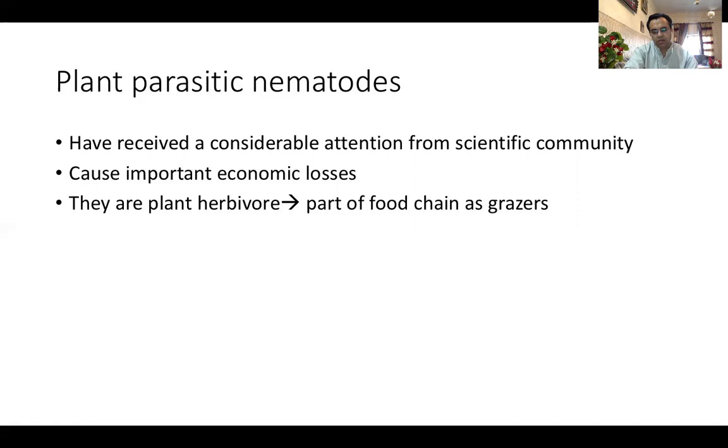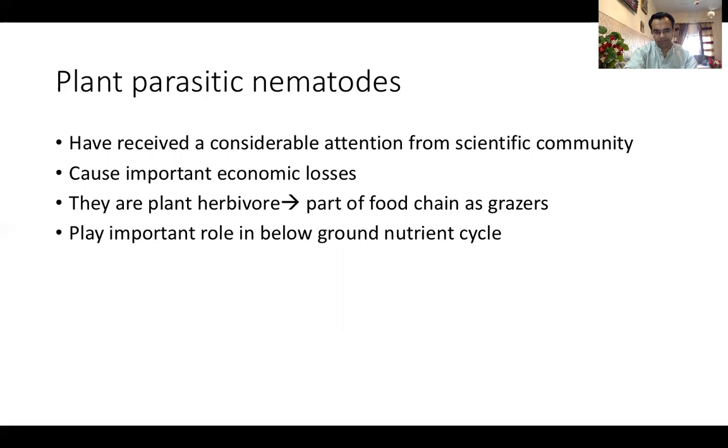They are plant herbivores, and in this way they act as grazers in the food chain. They also have an important role in below ground nutrient cycle.